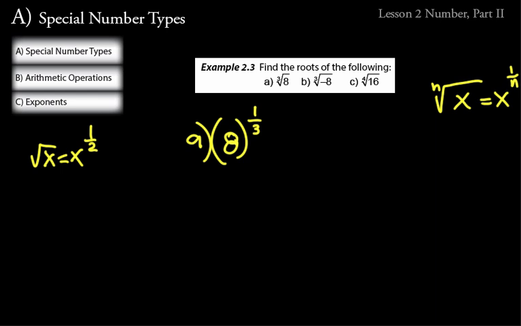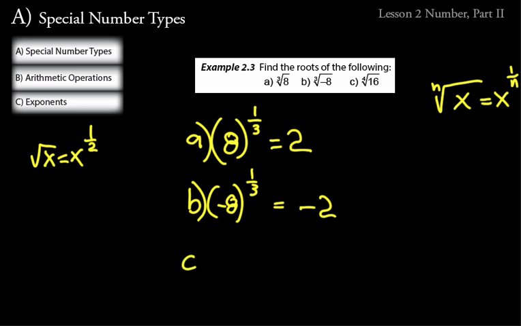So that'd be 2 times 2 times 2 is 8, right? So 8 to the 1/3 is 2. And so B, that's going to be minus 8 to the 1/3 power. So that's a minus 2, right? Because minus 2 times minus 2 is a positive 4 times another minus 2, that's negative 8.